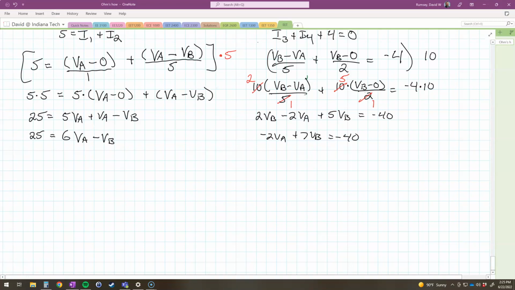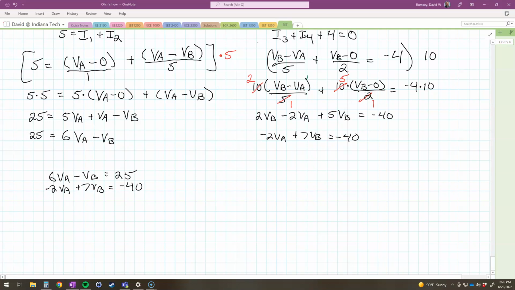And so I'll write this here as 6 VA minus VB equals 25, minus 2 VA plus 7 VB equals negative 40. Now, you can solve this however you want to. What I'm going to do is show you that you can solve this just by some basic algebra.